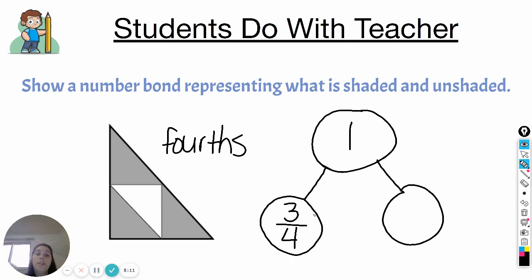And we figured out that 3 of those fourths are shaded. So that would be 3/4. That's how many is shaded. Over here in the other leg of your number bond, I want you to go ahead and write the fraction that is unshaded. Go ahead and write what fraction is unshaded, and then I'll have you check your work with mine.